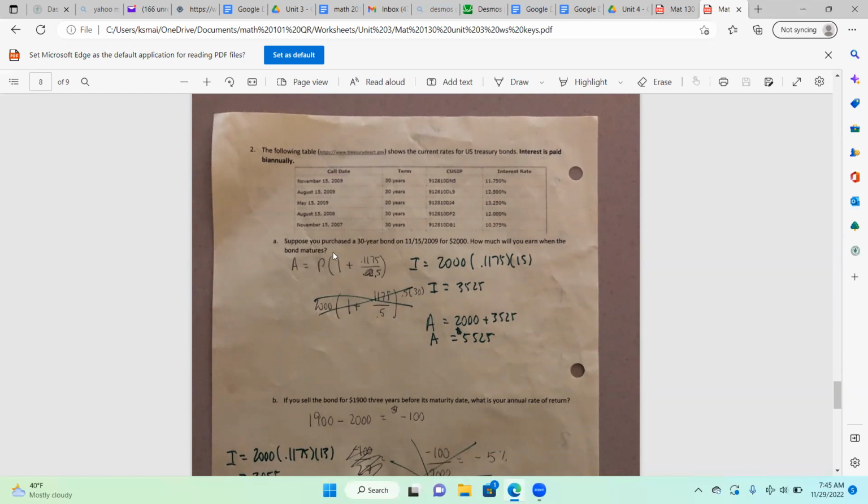So it says, suppose you purchase a 30-year bond for $2,000. How much will you earn when the bond matures? So it was a $2,000 bond, and our rate is 11.75% on a 30-year. We use this top one here for 15 years. We purchased a 30-year bond on 11/15/2009.